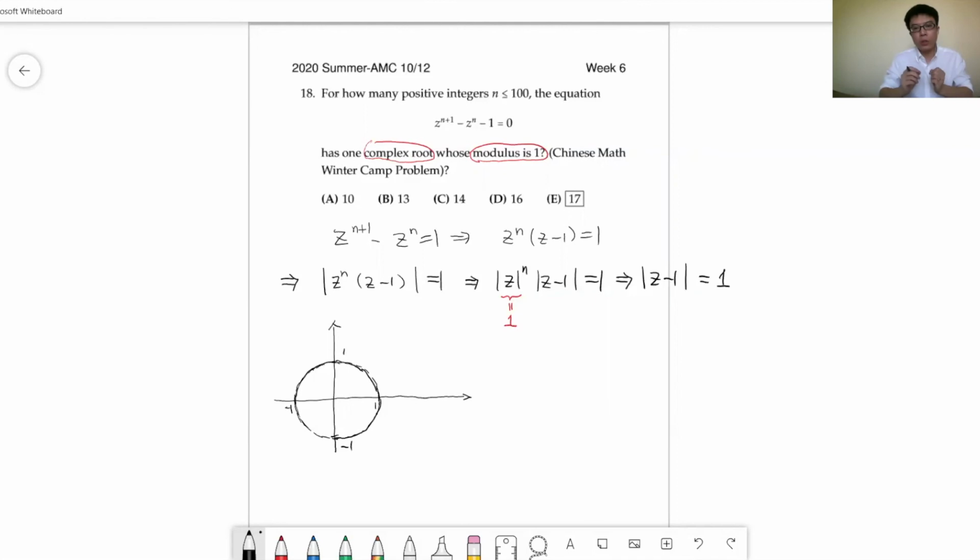So that means if we draw a unit circle with center at 1, the z is also on the blue circle, but we know there are only 2 intersections. So z must be one of these values. So there are 2 choices for z.